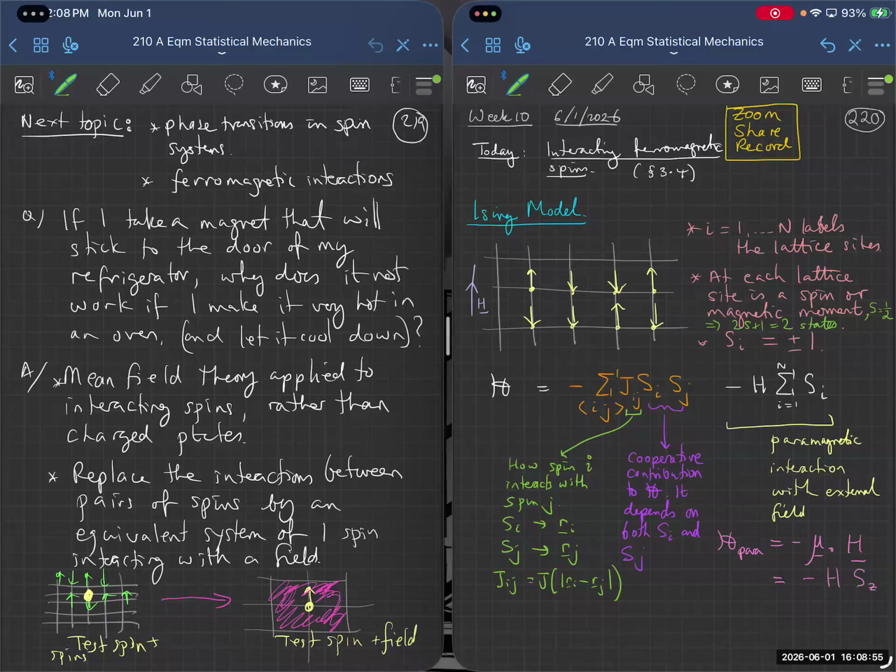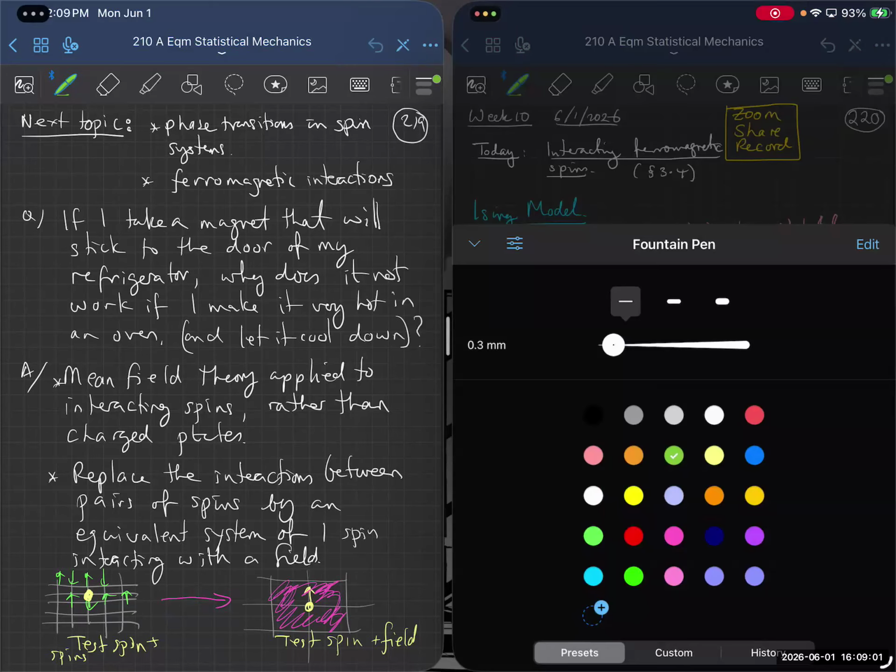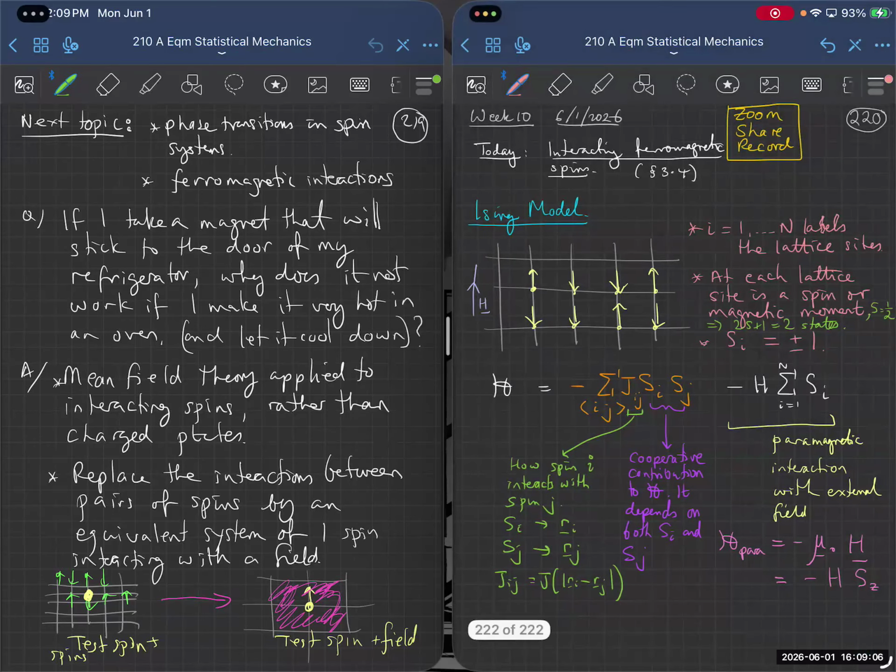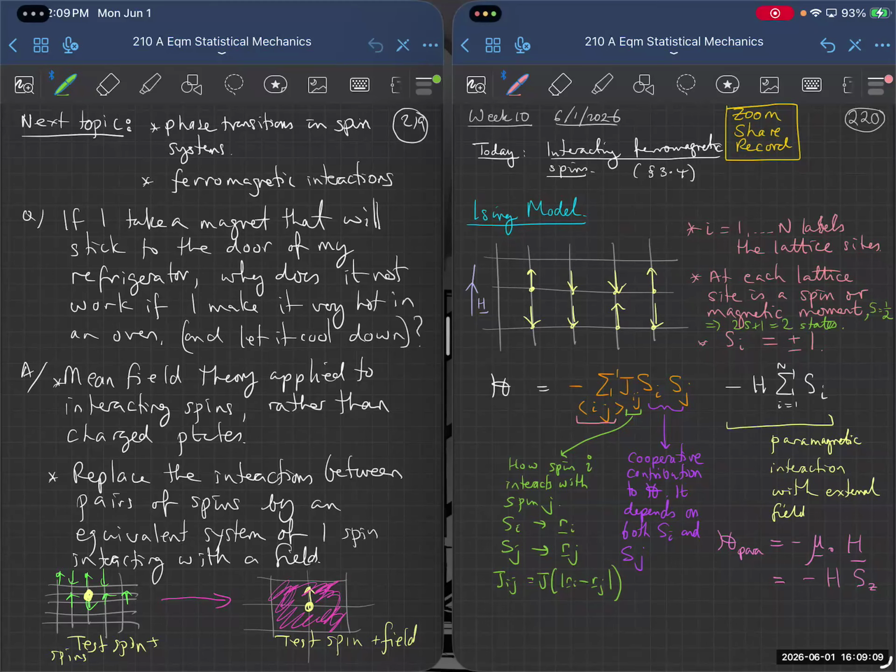But what we are going to do here is assume that only spins which are nearest neighbors interact with each other. This symbol over here, the angle brackets ij, means nearest neighbors. So I go through the lattice and sum pairs of spins. They have to be nearest neighbors. This might be spin i, and this might be spin j.